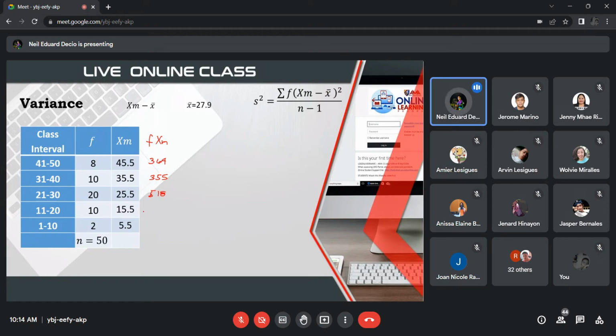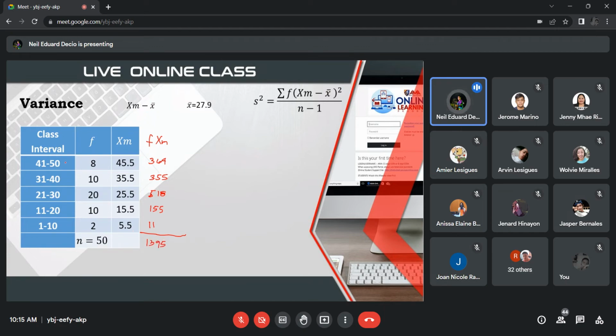And then 10 times 15.5 is 155. Then 5.5 times 2 is 11. And then we have to sum all of these values. So that's 364 plus 355 plus 510 plus 155 plus 11, so that's 1395.